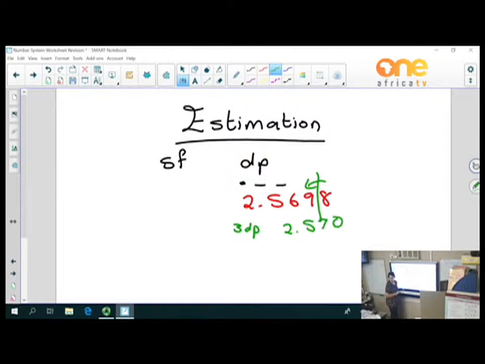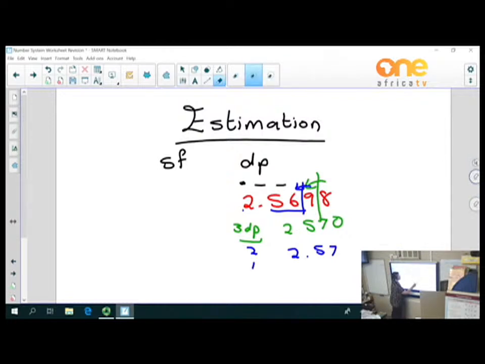And I need to put that 0 there because they said 3 decimal places. If I round this one off to 2 decimal places, will the 9 influence that one? Yes. So then it is 2.57. And if I say to 1 decimal place, will the 7 influence the 5? Yes. So it is then 2.6.